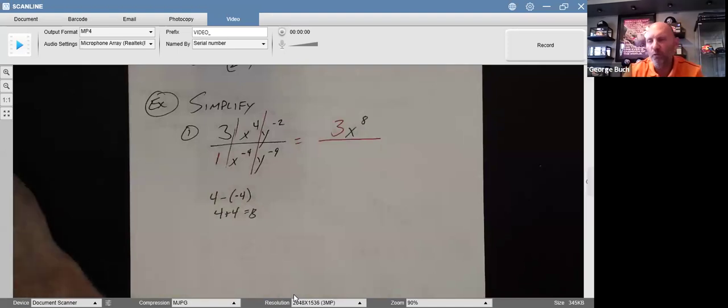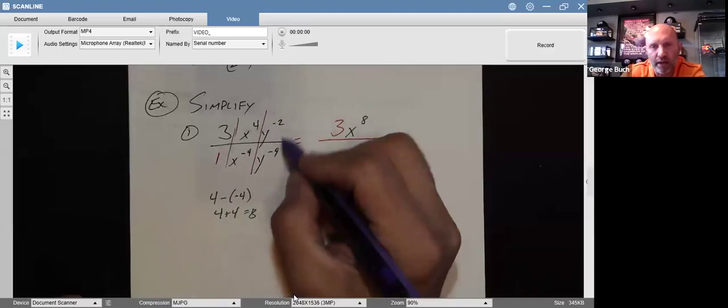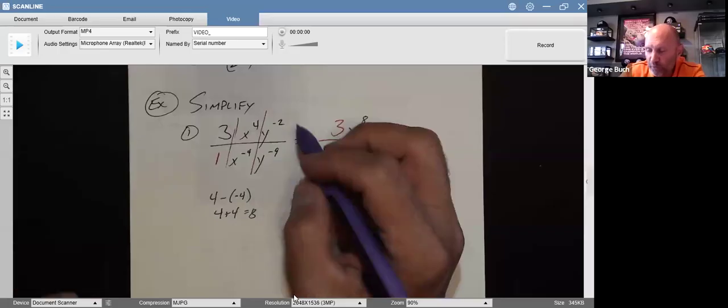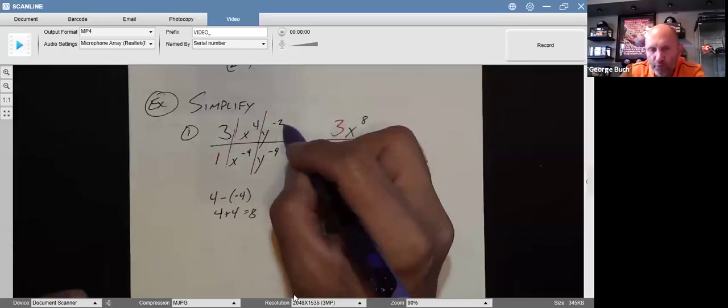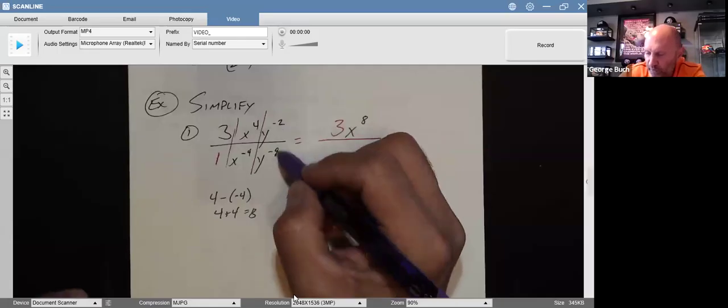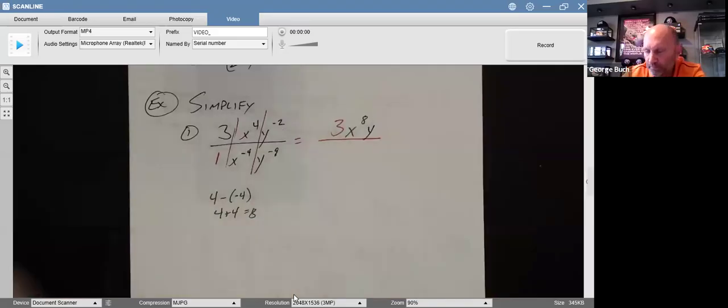And now same thing for the y's. Where's the bigger number? Well, I have a negative 2 and a negative 9. Which is bigger? Or if you want to think of which is better, would you rather owe somebody $2 or owe somebody $9? Obviously, the negative 2 is bigger than negative 9, meaning the y is also going to end up in the top.